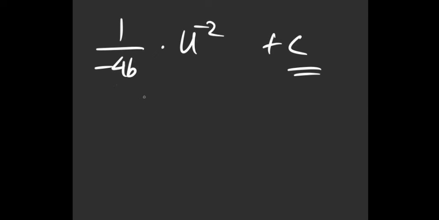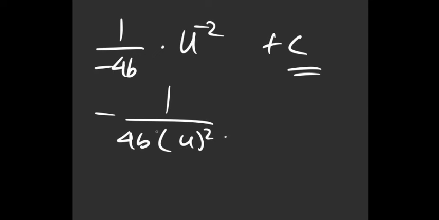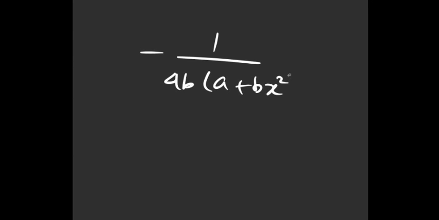So you can make it into negative 1 over 4b times u squared. If you already have that, you can change it into negative 1 over 4b times a plus bx squared close brackets squared plus c.